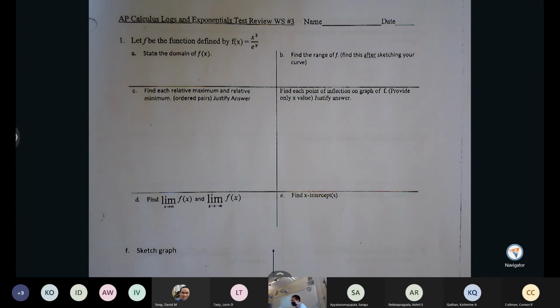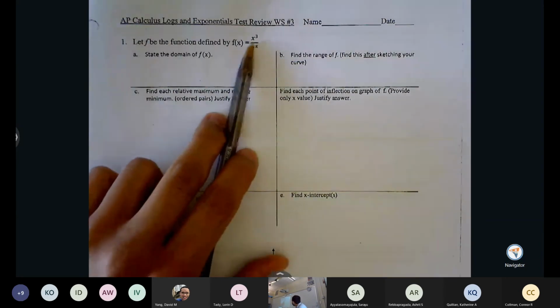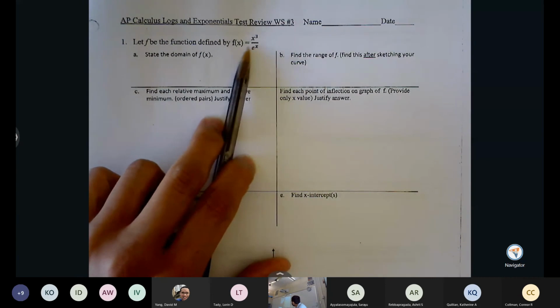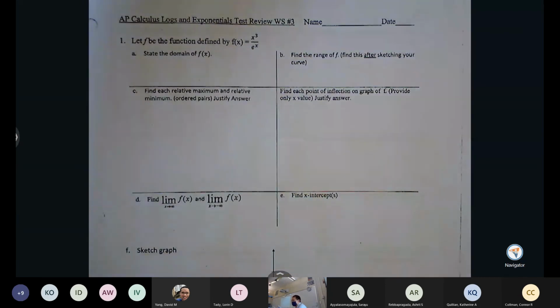I'm not going to ask you to find a domain on the test, but I think it's good to look for the domain. It helps us understand what our restrictions are going to be for our sine line. A place is in the denominator, right? Whatever makes the denominator 0 is going to be where our potential issue is.